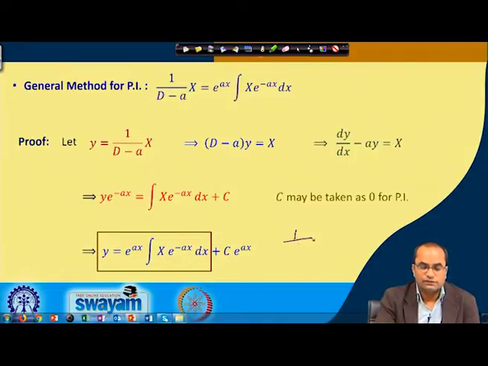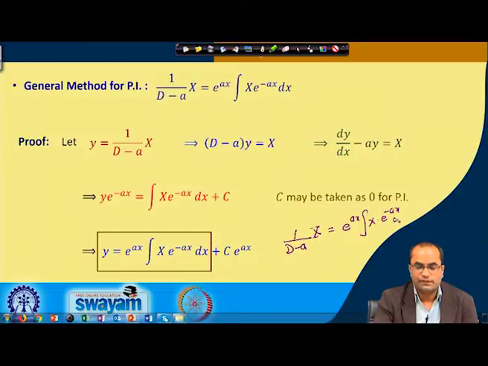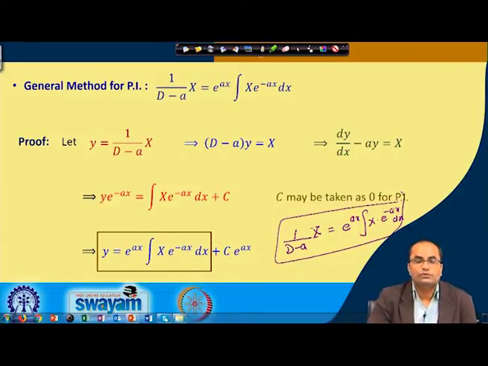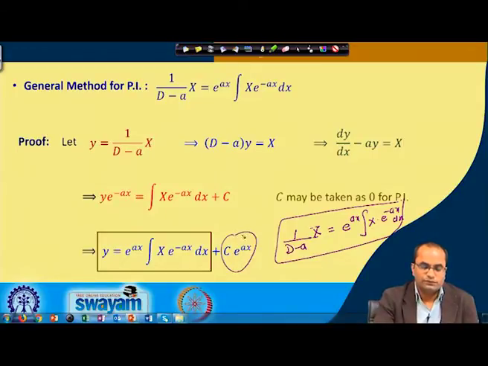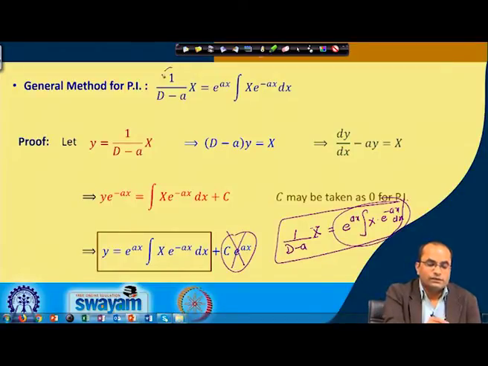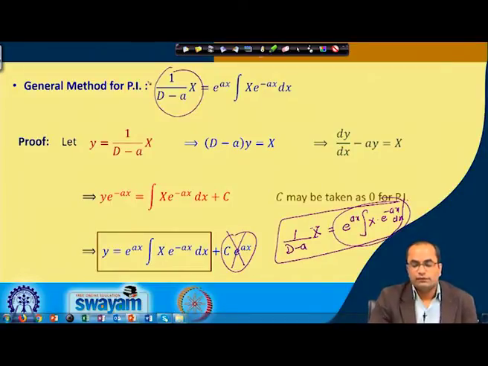When we apply 1 over d minus a on the function x, its value is nothing but e power a x times the integral of x e power minus a x dx. That is a particular solution. When we set the constant to 0, it is not important. So, we get this particular solution of 1 over d minus a operated on x.